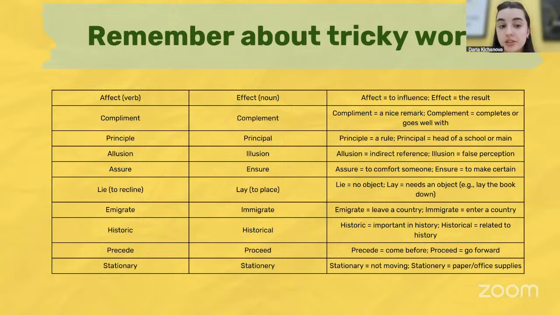So here you can see that only one letter changes the whole meaning of the word. When you work with the test, please pay attention to these small details, because they will really change the flow of the sentence and the text.